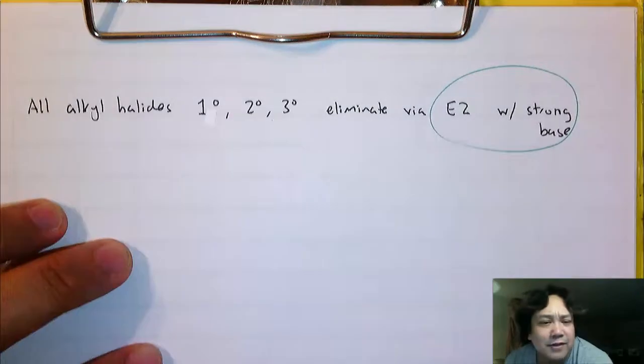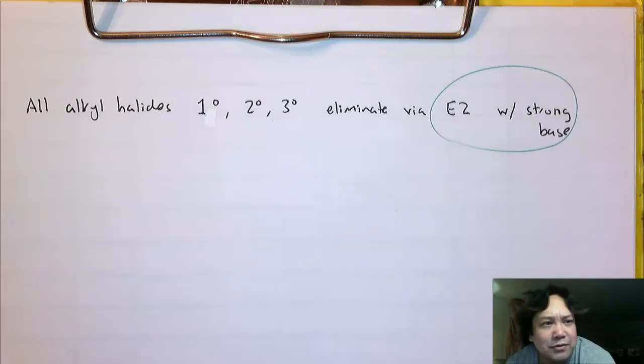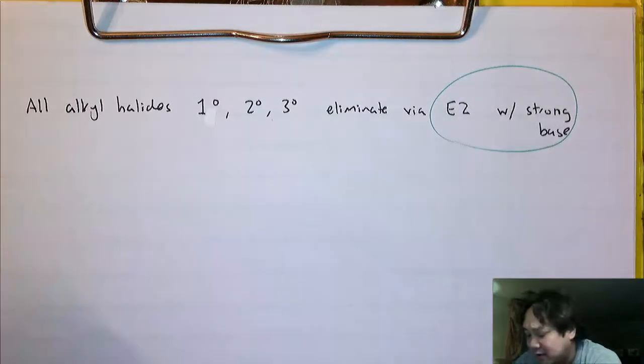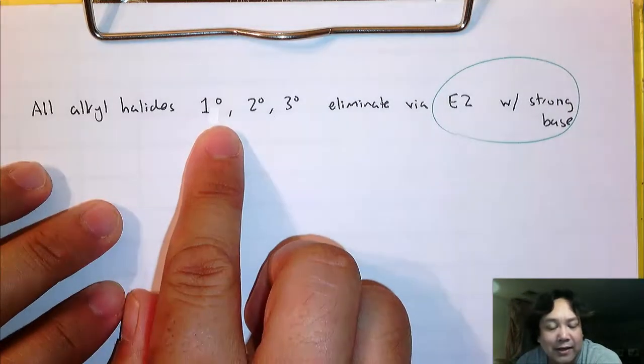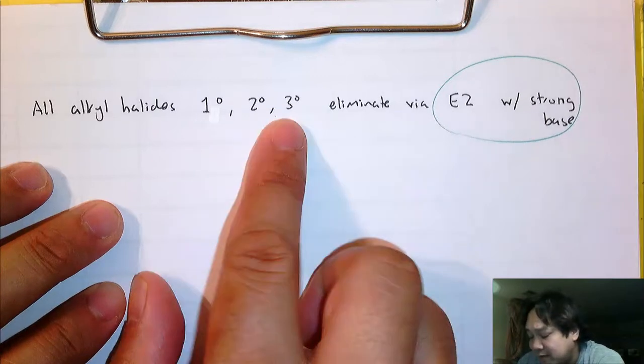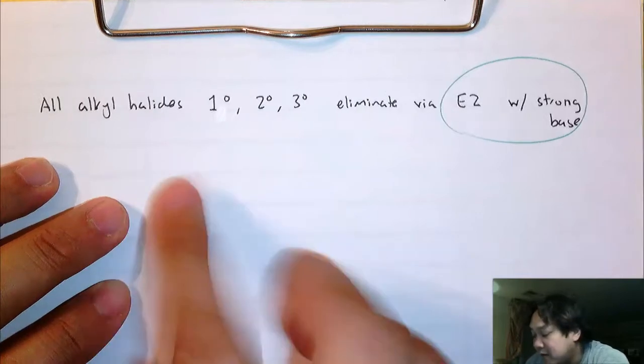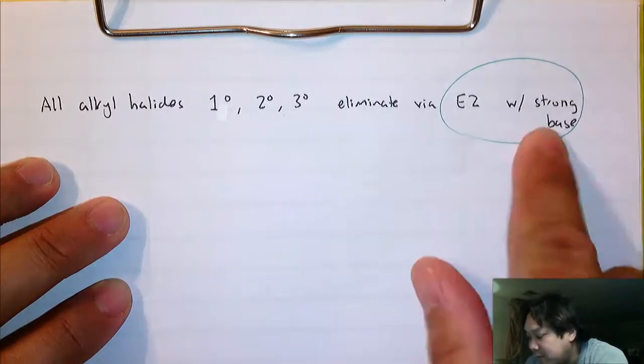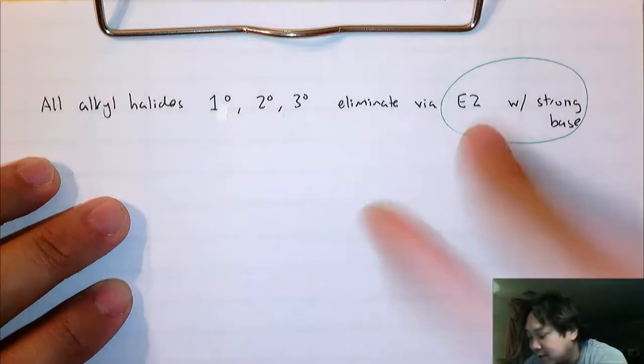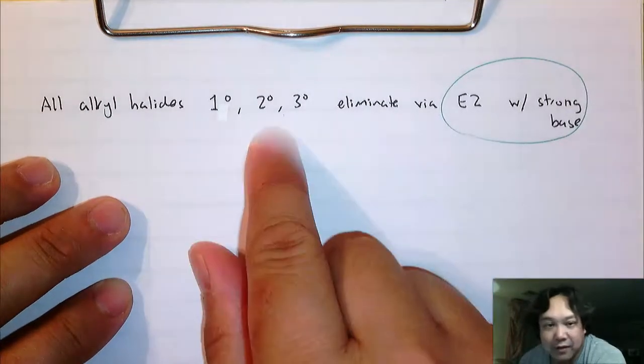See, that's different than substitution. Do you remember that substitution was dependent on how crowded the alkyl halide was? And if it was very crowded, like a tertiary, it's more likely to do SN1. For elimination, all we have to remember is the strong base, and we know it's E2 regardless of the type of alkyl halide.